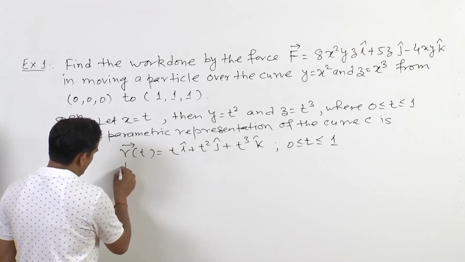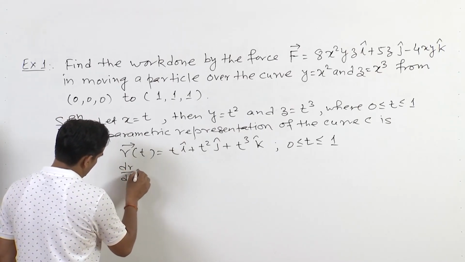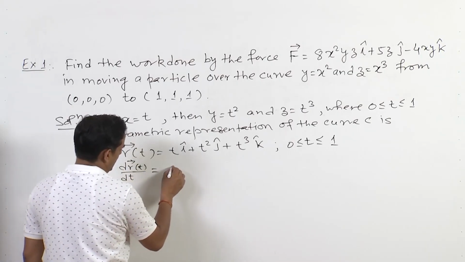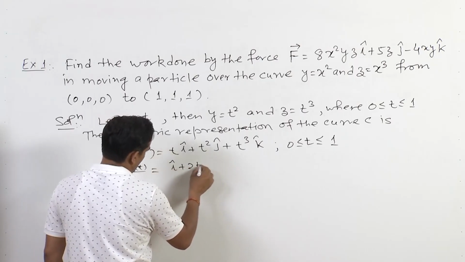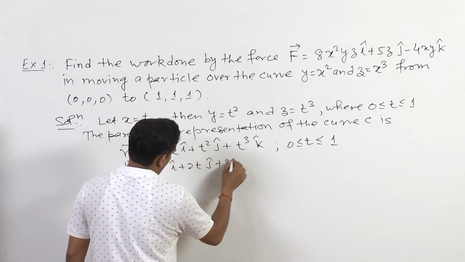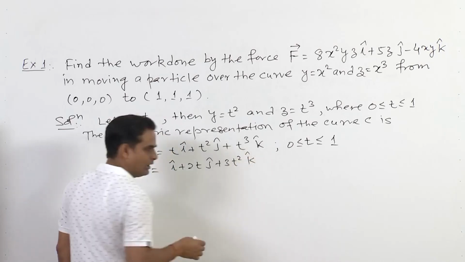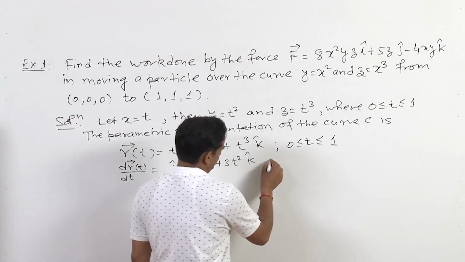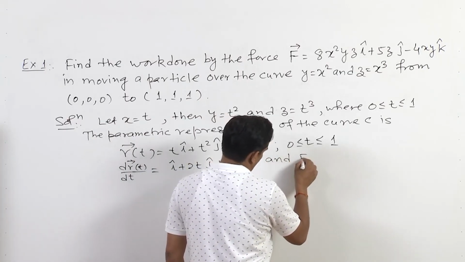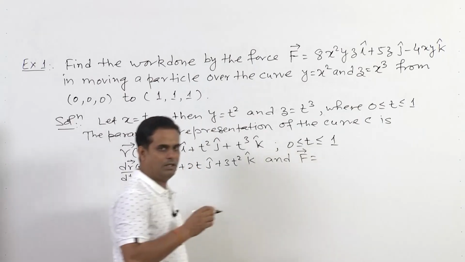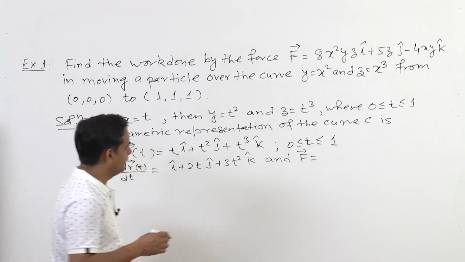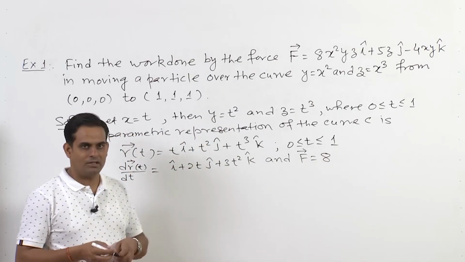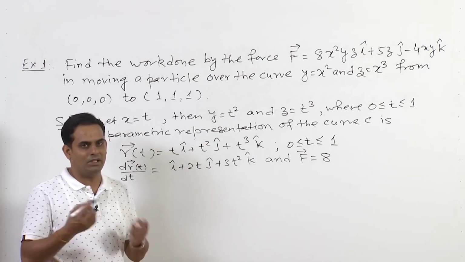Now, if I calculate dr over dt, it will become i plus 2t j plus 3t square k. Now, for the work done, the force F in terms of t is given as 8 times x square, which will become t square, y will be t square and z will be t cube.